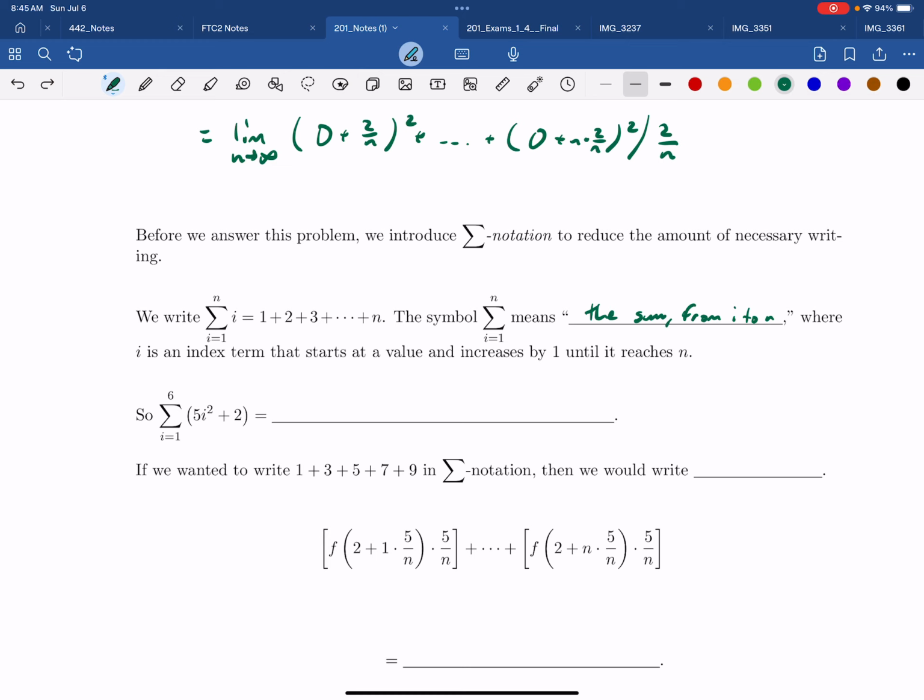So for example, this sigma notation right here would be 5 times 1 squared plus 2 plus 5 times 2 squared plus 2. See how the index is kind of ticking off each time? And you just keep doing this out.